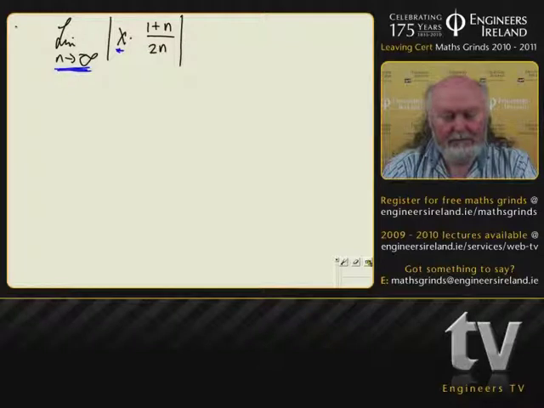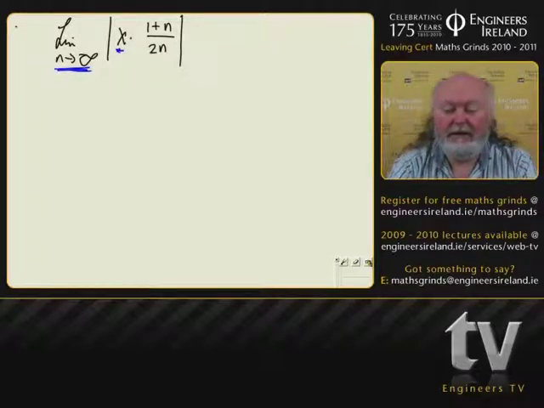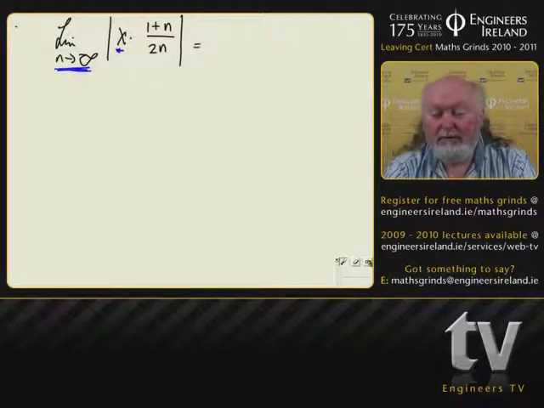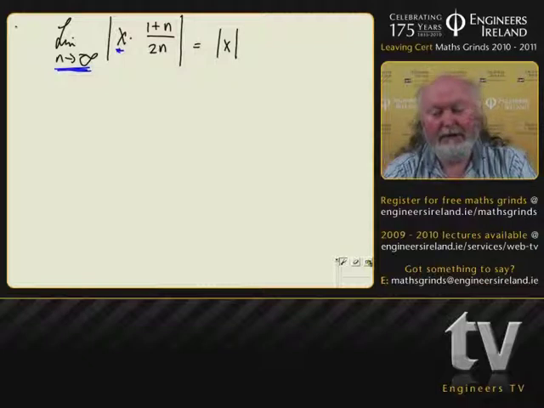Even though x is a variable, it isn't being changed by the fact that we're moving through into higher and higher values of n. What that means is I can actually take the x outside, but be very careful because I can only take the absolute value of x outside.